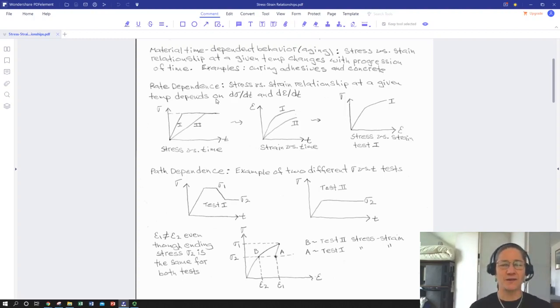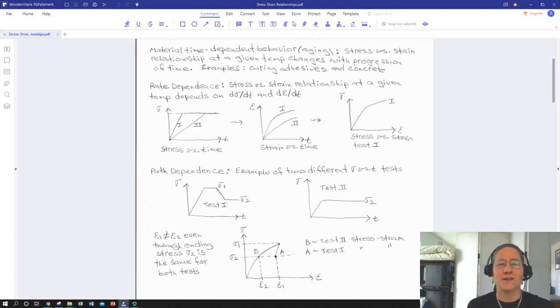And so a vibration is a time-dependent phenomenon, so it will induce time-dependent stresses. So everyone has to deal with rate dependence when it comes to stress and strain. So let's take a little look at how a couple of different materials might react in terms of their stresses and strains with how quickly we load it.